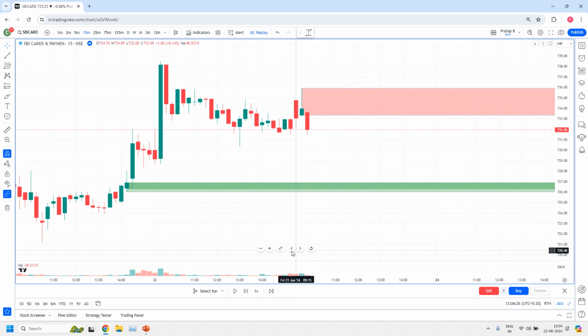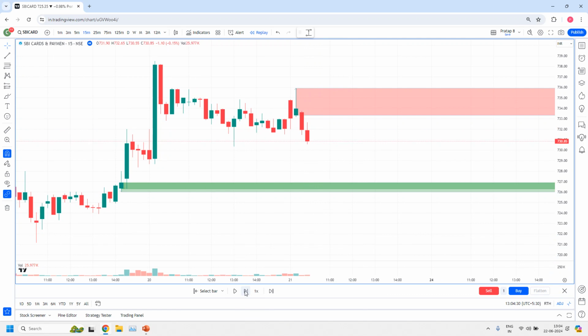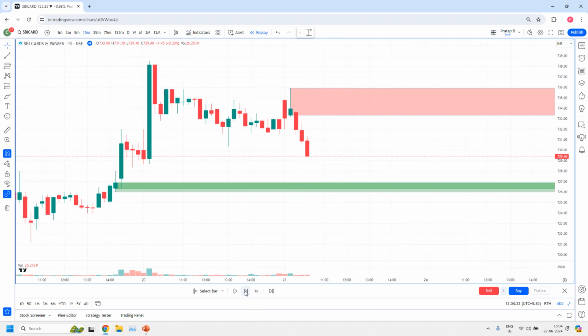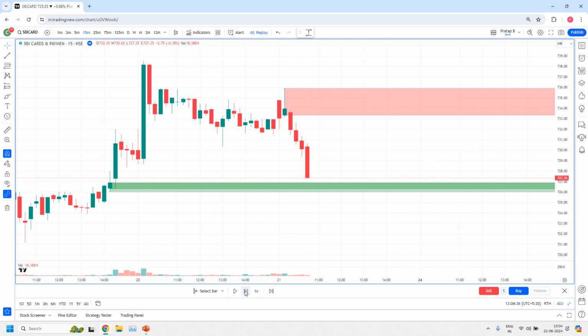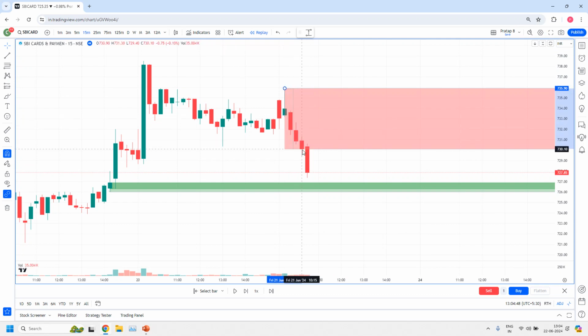Okay, now the next candle. We have another drop candle, a base candle, and again a drop candle. Now what happened? Now again the situation has changed, and now you need to change.